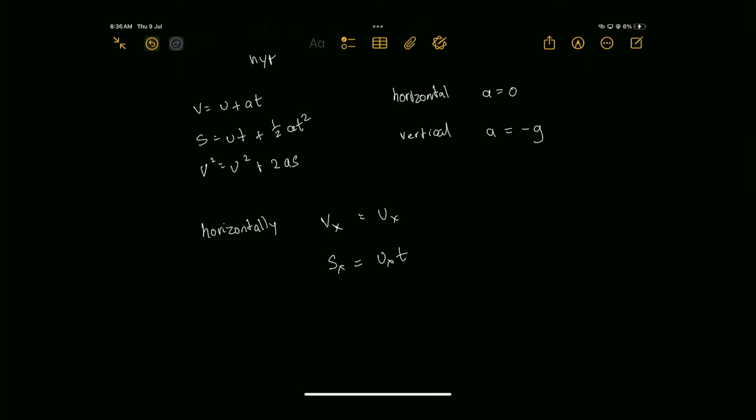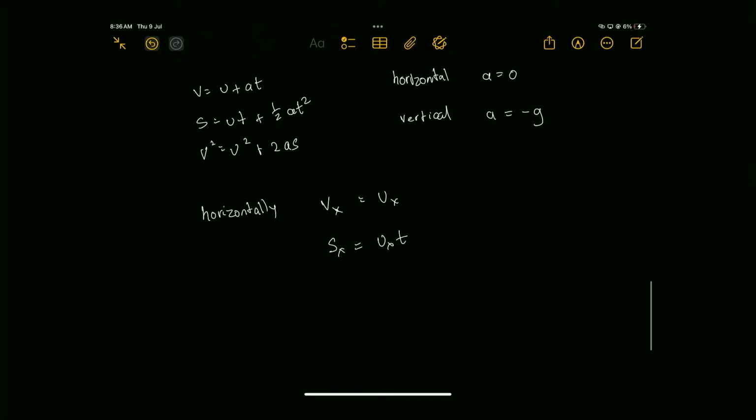Now vertically, things are a little bit more complicated, right? We will now have Vy is equal to Uy plus, now a is negative g, so this would be minus gt.